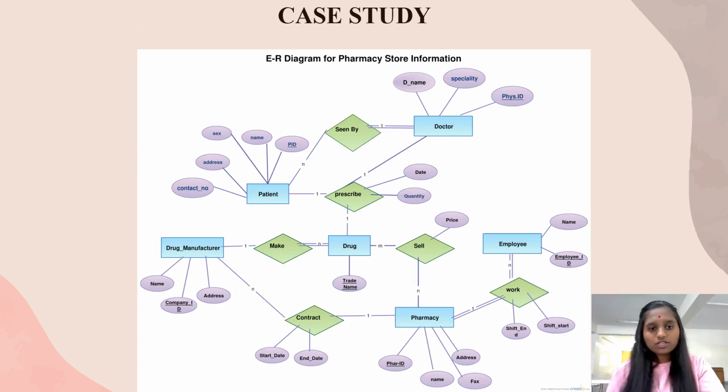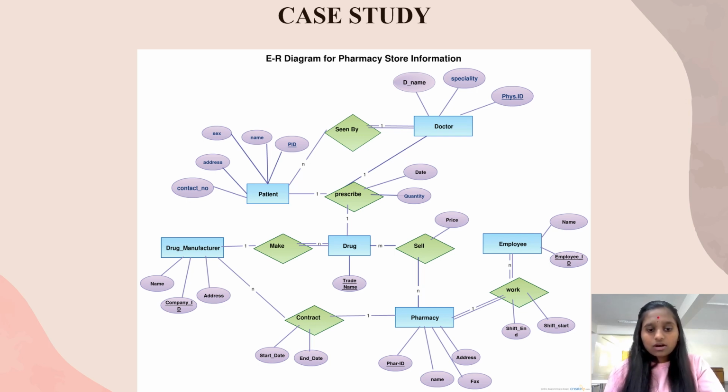Let's move further for the case study of the ER diagram for pharmacy store information. In this ER diagram, drug manufacturer, patient, doctor, drug, employee, pharmacy. These are the main 6 entities. And the relationship between patient and doctor is patient seen by the doctor. And drug manufacturer makes drugs. And doctor prescribes drug.